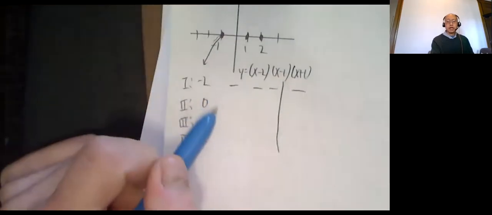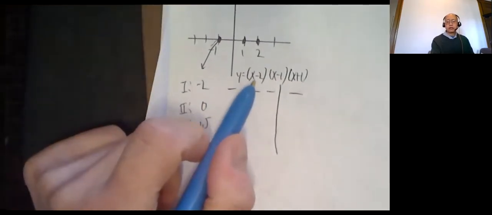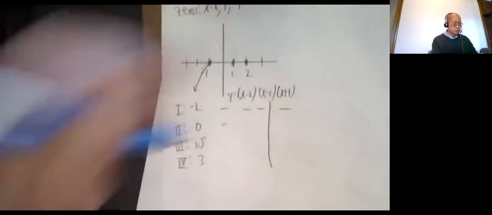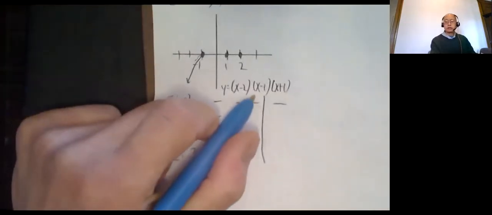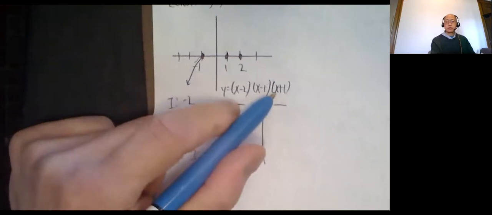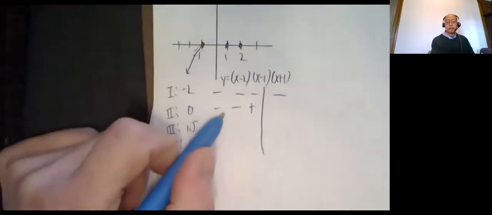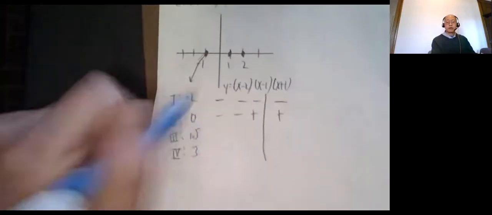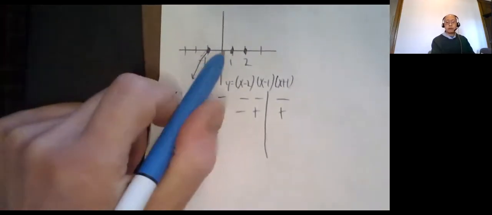Okay. Do the same thing for 0. 0 minus 2, negative. 0 minus 1, negative. 0 plus 1, positive. Two negatives and a positive, positive. That means in region 2, the graph is positive.